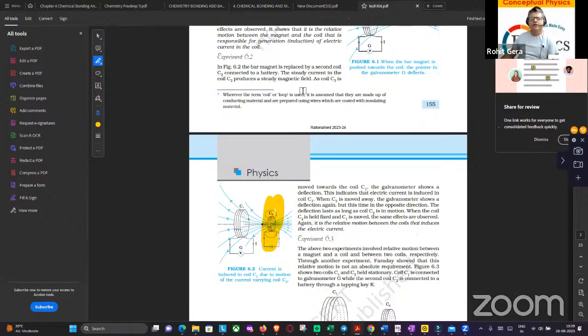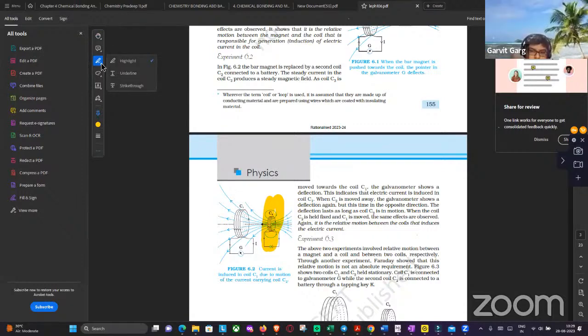So what happens is the magnet is getting replaced by the second coil, but the second coil has a battery. Now the steady current in the coil produces a steady magnetic field. We have already studied a current carrying conductor, a circular loop will produce magnetic field. So this magnetic field that it has shown inside, that magnetic field you can see is this.